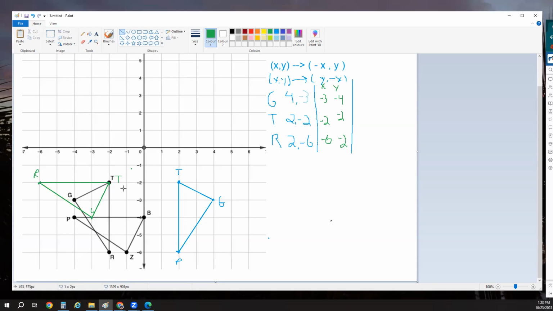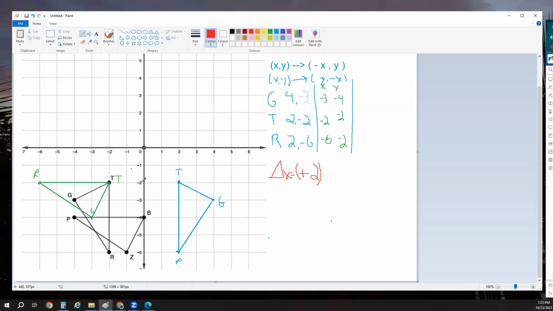Then we'll find our deltas. I'll line up T to B here. Our delta x is +2, because it's got to go over 2 to meet up with B on the B axis.